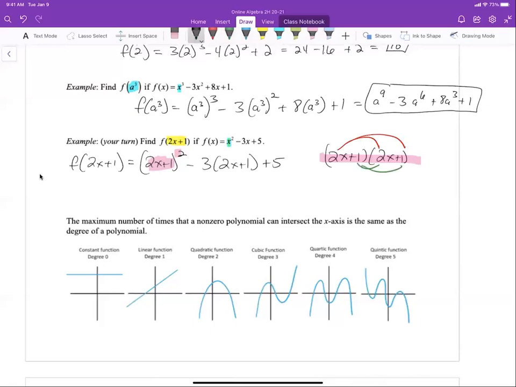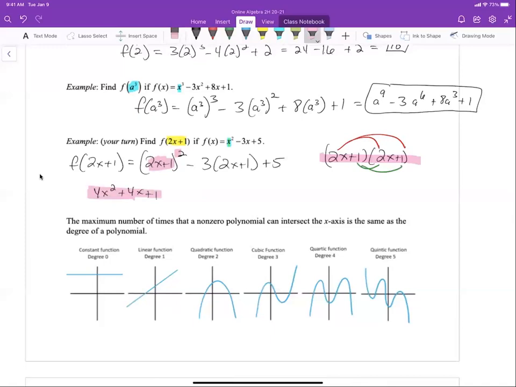And once I do that, I will get 4x squared plus 4x plus 1. So 2x times 2x gives me 4x squared. The inner terms give me 2x plus 2x, which is where 4x came from. And 1 times 1 is 1. All right. That is a little bit too long.